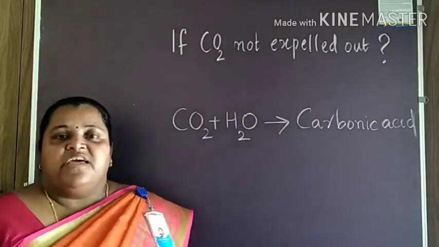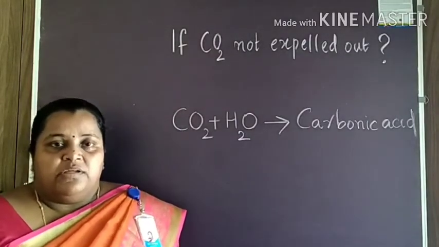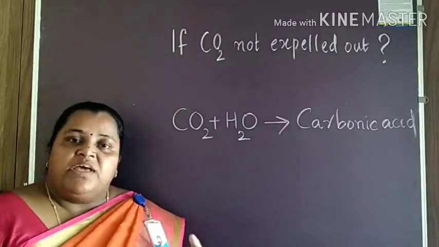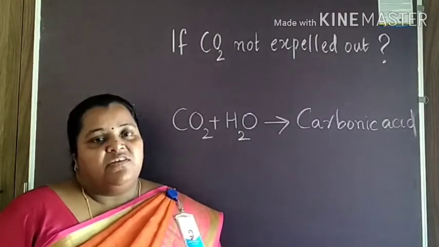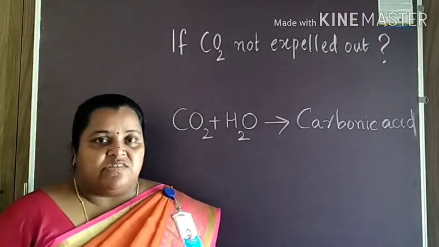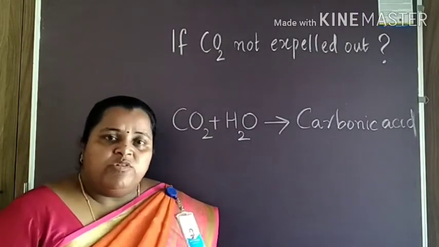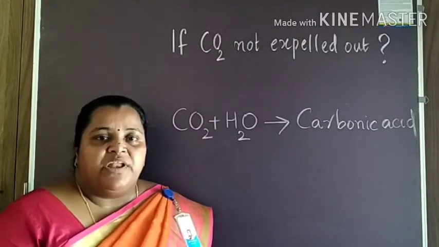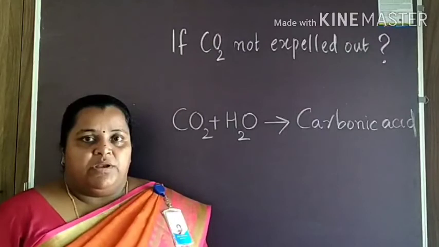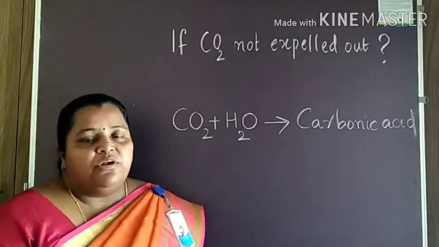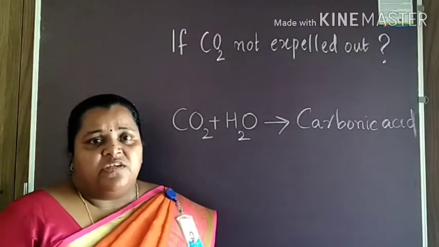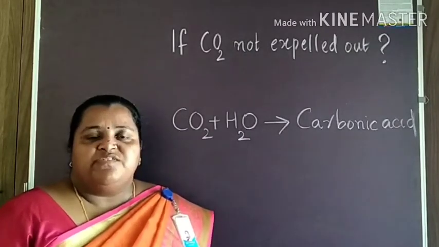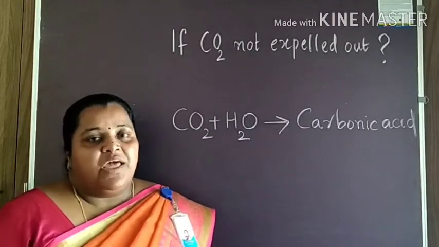It increases the acidity in our body. When acidity increases, it disrupts our homeostasis. Homeostasis means an equilibrium between internal environment and external environment. So, in order to maintain homeostasis, it's important to remove the waste materials formed during metabolic activities.